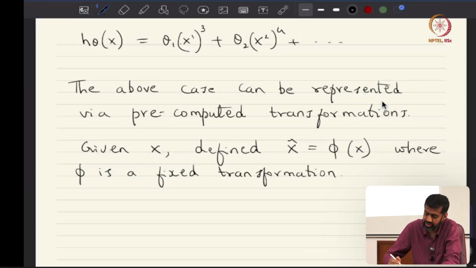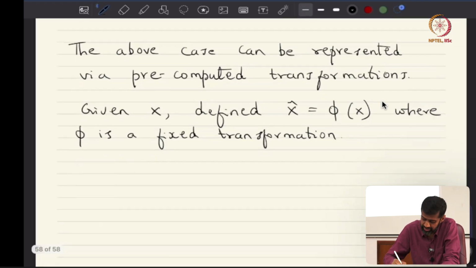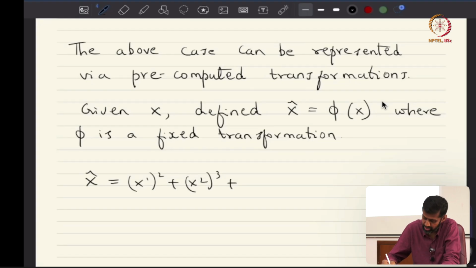So what do I mean by this? Let's say that I have x, x cap can be the first dimension of x raised to 2, the second dimension of that raised to 3, and the third dimension of this can be, let's say, the first dimension squared plus the second dimension to the power of 6 and so on.